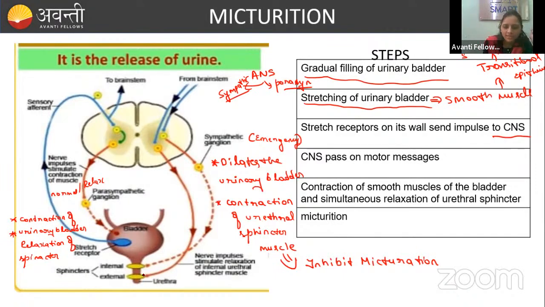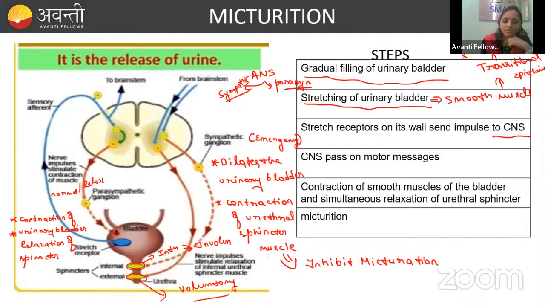You can see the urethra consists of two types of sphincter. One is the internal sphincter. The internal sphincter is involuntary, whereas the external sphincter is voluntary. So here what will happen?